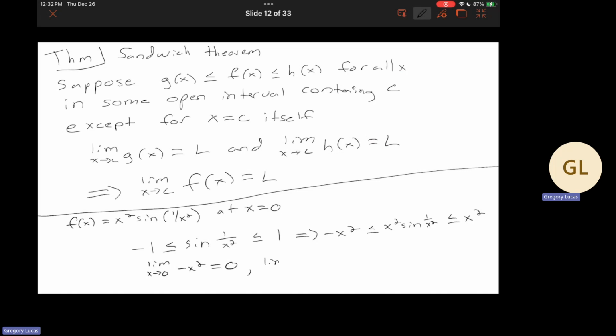If I take the limit as x goes to 0 of x squared, I plug in 0 squared, it's also 0. So this implies then the limit as x goes to 0 of x squared sine 1 over x squared would also be 0. So we call that the sandwich theorem.